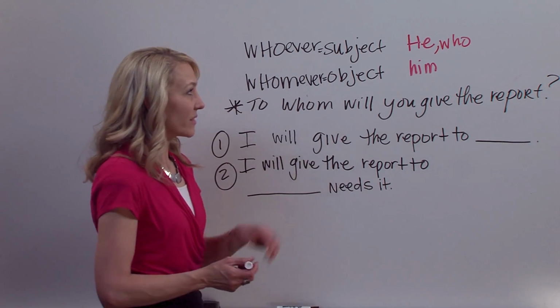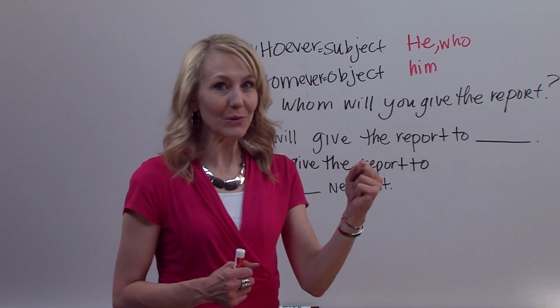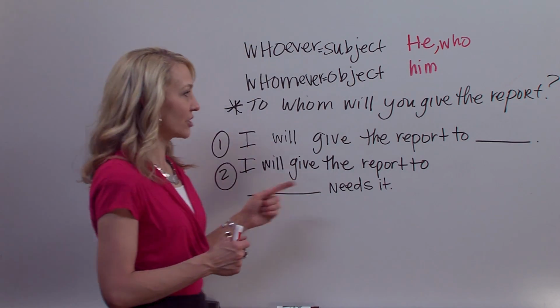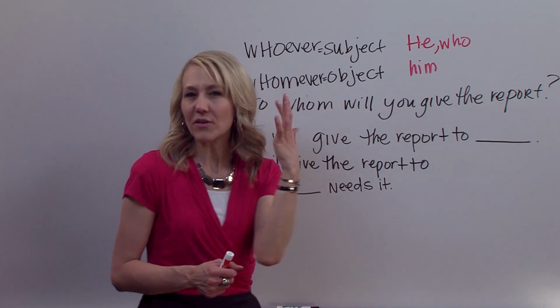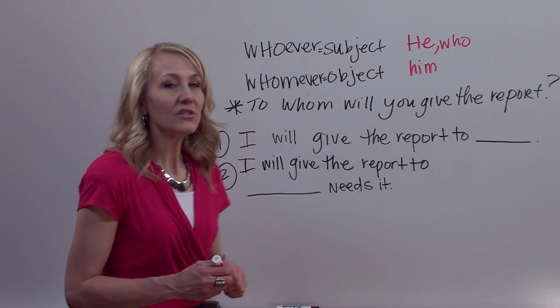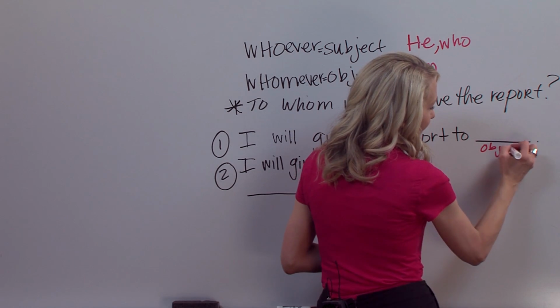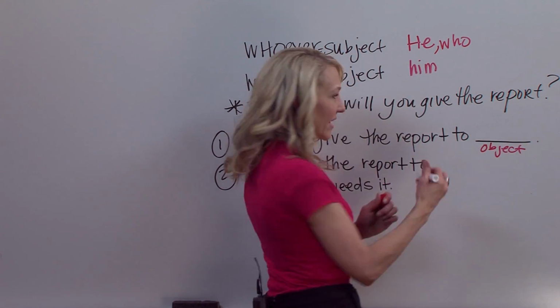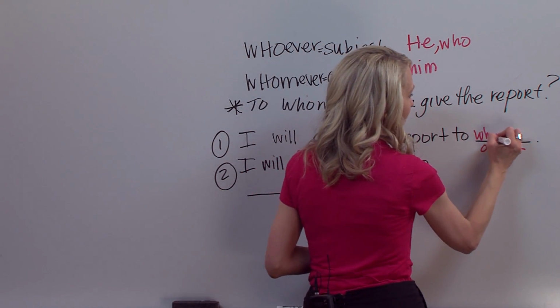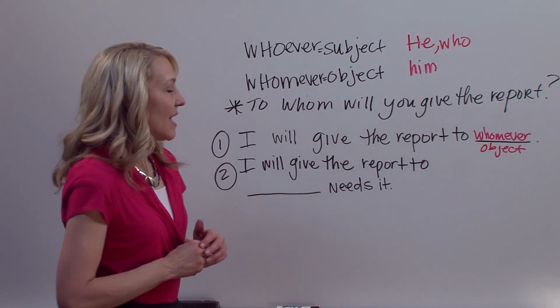Well, let's do our he-who test and him. I will give the report to he who, or I will give the report to him. The ear can clearly hear that it would be, I will give the report to him. So in other words, this is an object. I'm in the objective case, and I'm going to use the word to whomever.